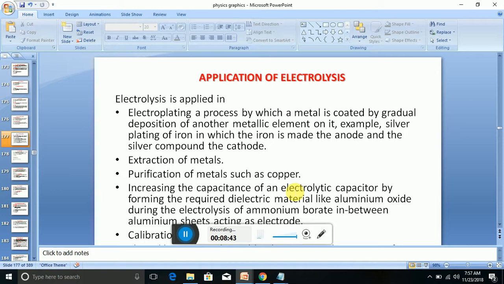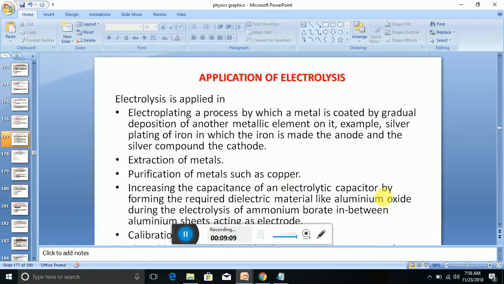Now we also have increasing the capacitance of an electrolytic capacitor. It's very, very important. That's one of the ways of increasing the capacitance of an electrolytic capacitor, by doing electrolysis, by forming the required dielectric material like aluminum oxide during the electrolysis of ammonium borate in between aluminum sheets acting as electrodes.